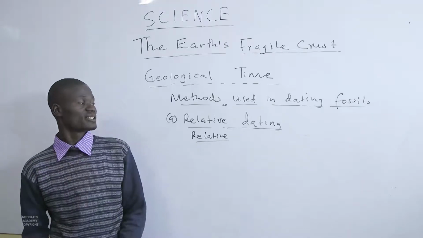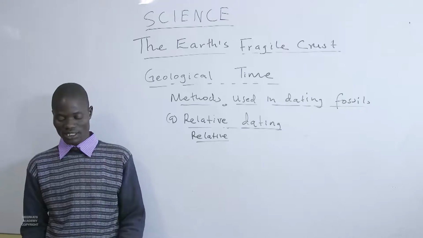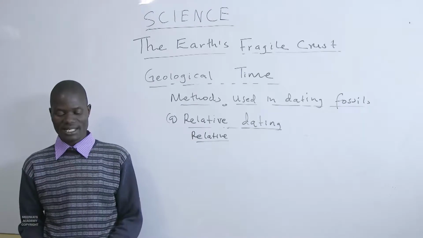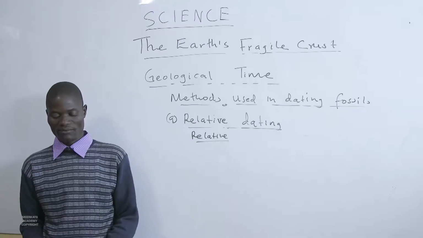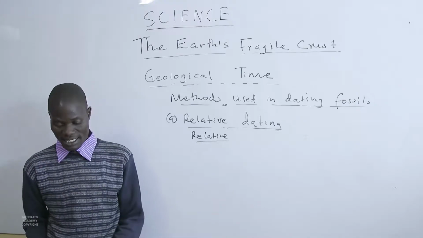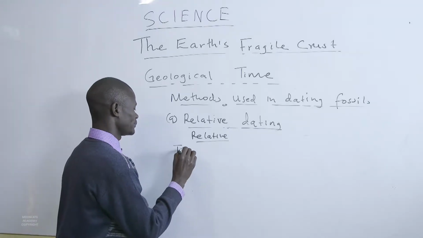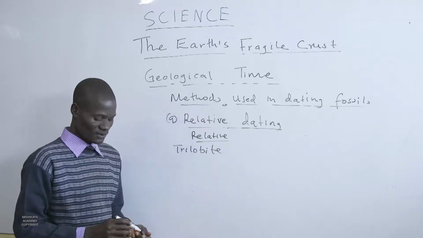When the relative dating technique is used, this involves comparing something for which the age is already known. For instance, if you have a fossil such as a trilobite.